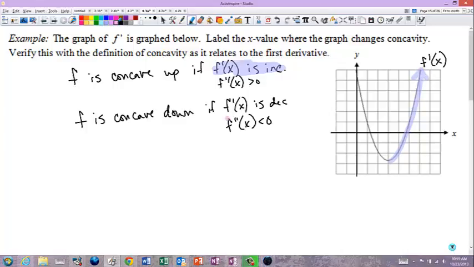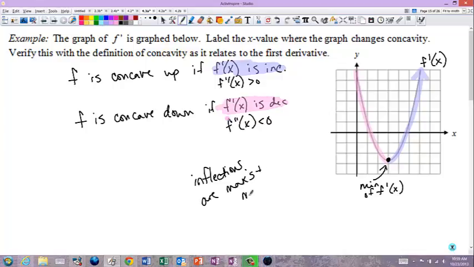And where is it decreasing? So where does it change concavity? It changes concavity at the minimum on this graph of f prime of x. So that's where the inflection points are. Inflection points are the maxes and mins of the first derivative.